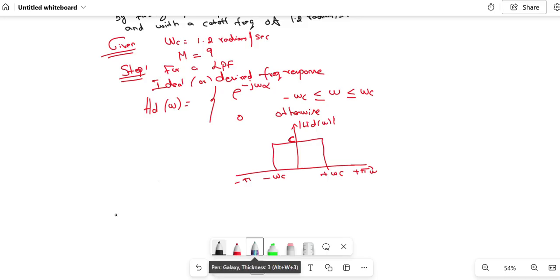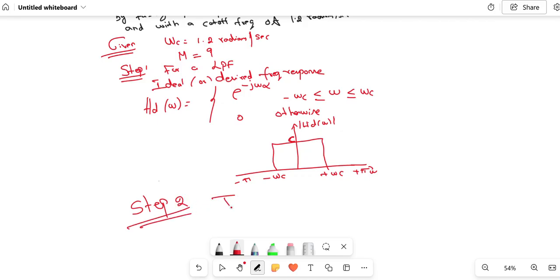Step 2, take inverse Fourier transform of this hd of omega to get hd of n.